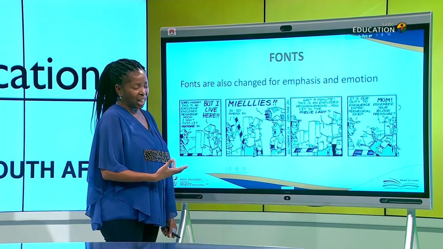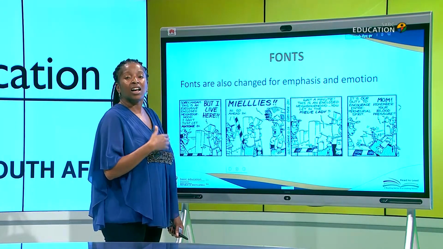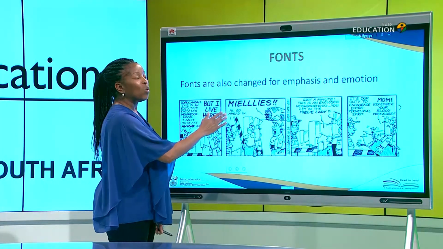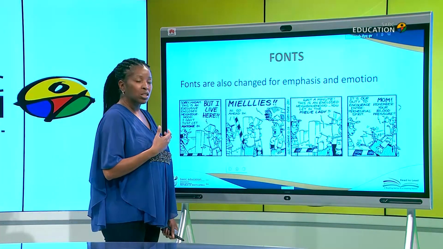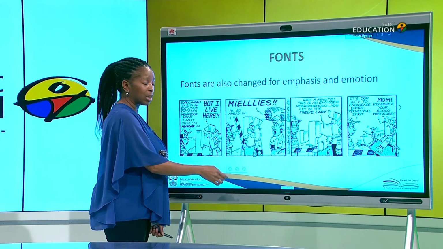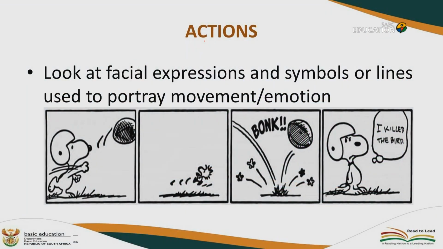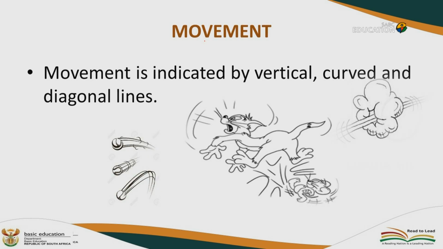"But I live here." And somebody says, "Millies." You see? These are emphasized in the way the font has been written. The size of the font is different from the normal font. Then we've got different actions, which I would like to go into the next frame for.